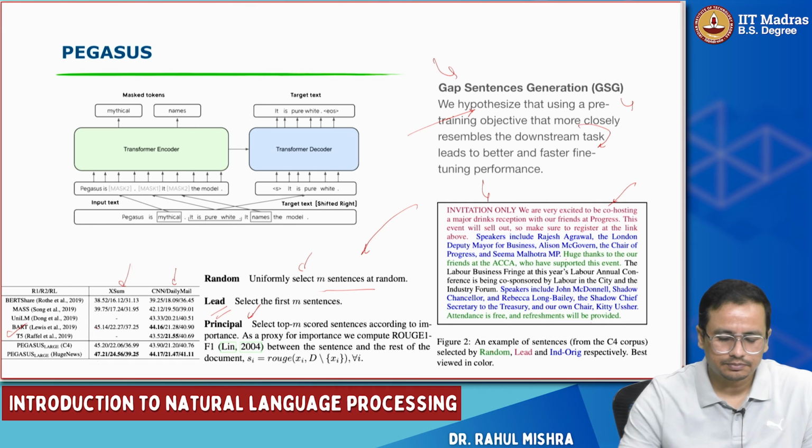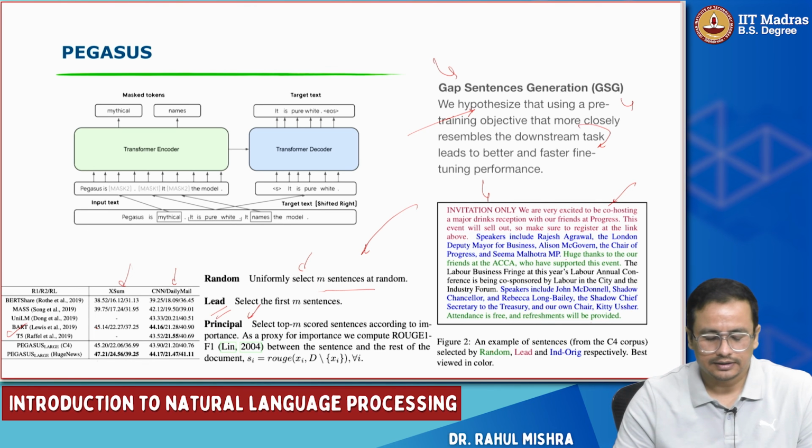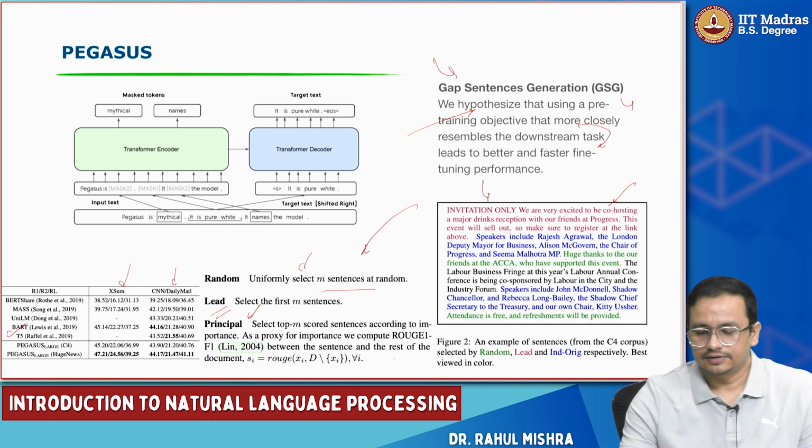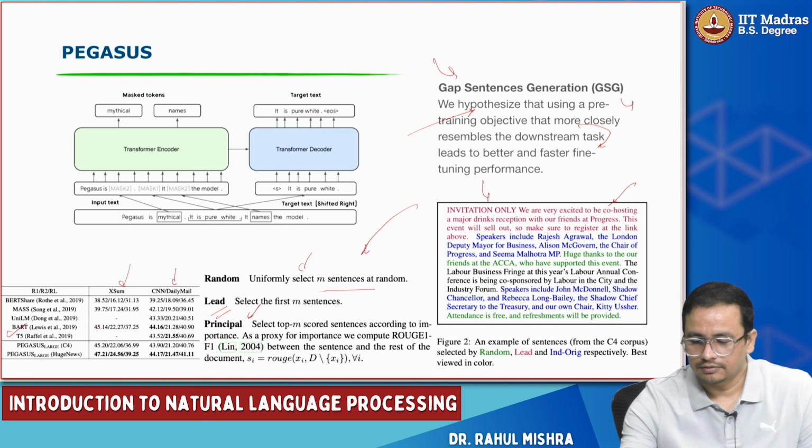The last strategy is very good, and they got better performance with this. Select the top M scored sentences, computing ROUGE-1 against the rest of the document, right? So let's say given this sentence, we are excited to be co-hosting a major drinks reception, and so on, and the whole document is this.